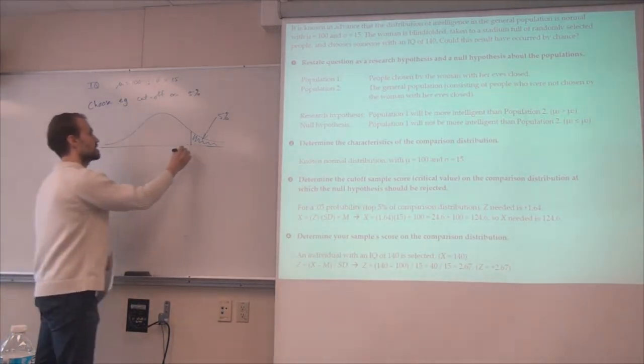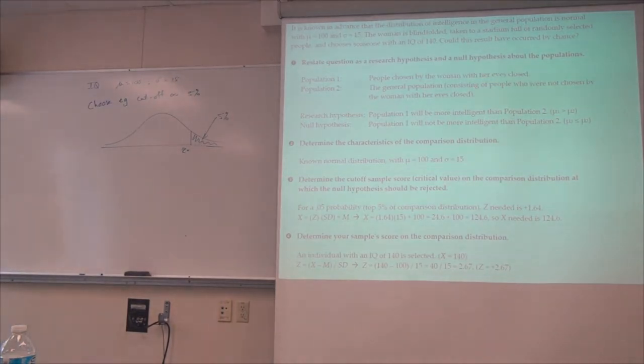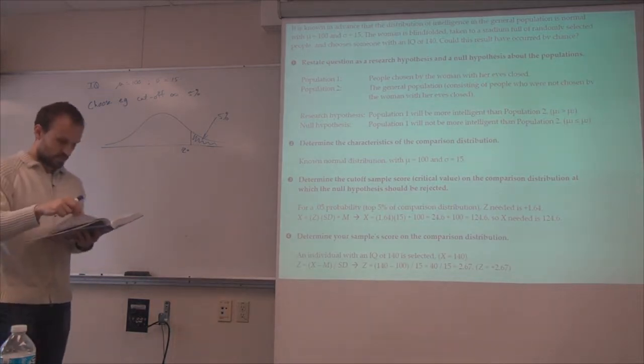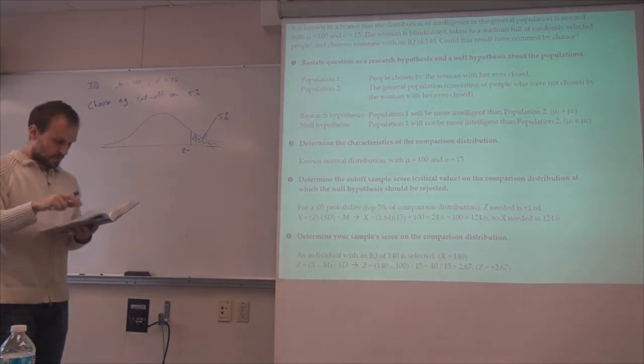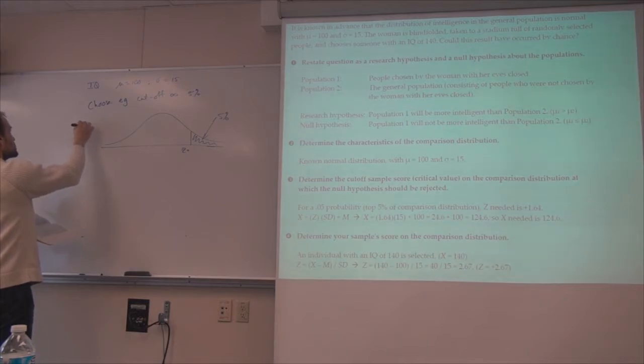What's the z-score here? Well, I simply go and look at my table. Now I'm looking for 5%. Wow, well, see, it's a little unfortunate that it sits in between.